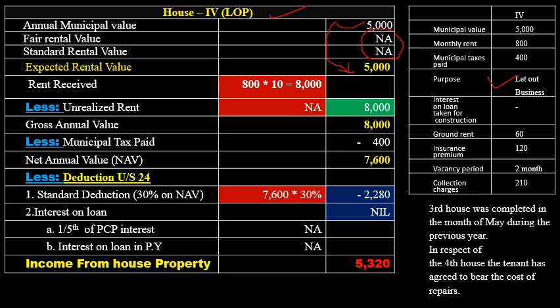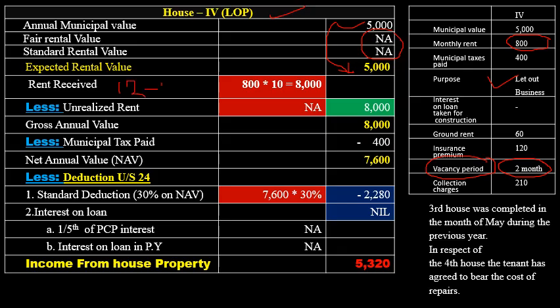Next is the rent received or receivable. The monthly rent was 800 rupees, and there is a vacancy period of 2 months. So it was let out only for 10 months out of 12 months in the previous year.